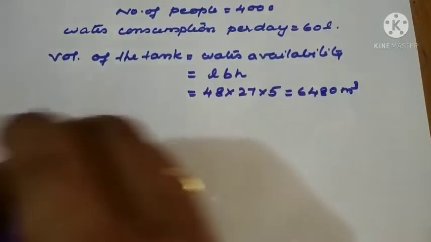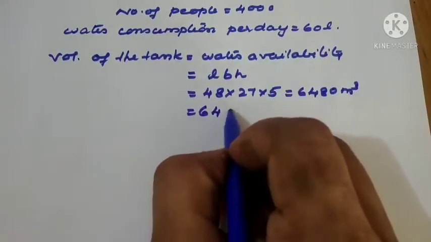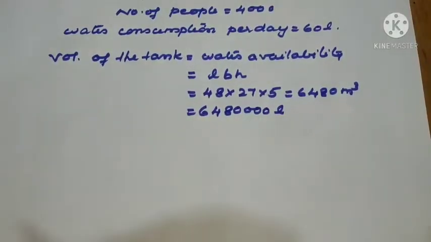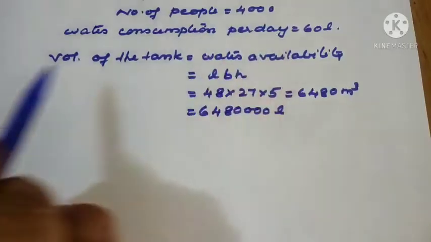Now 1 meter cube equal to 1000 liters, so we will write 3 more zeros, liters, because it is given per day 60 liter only.